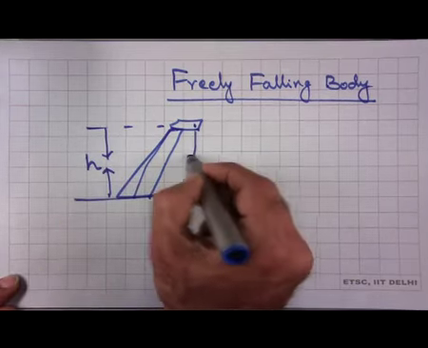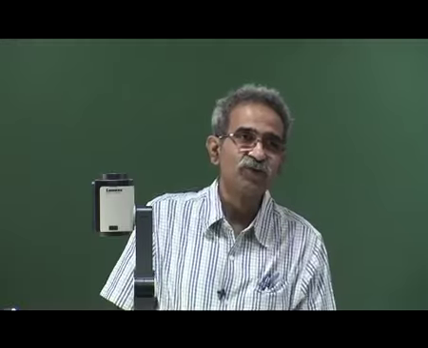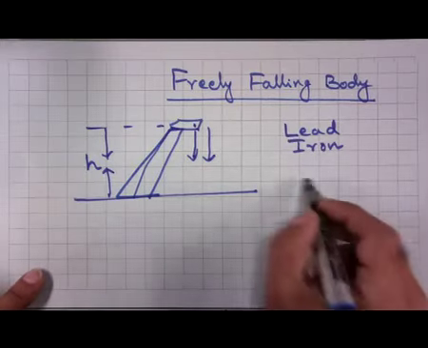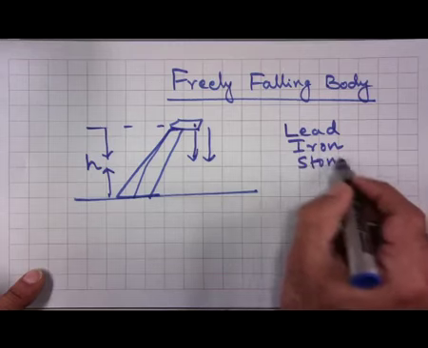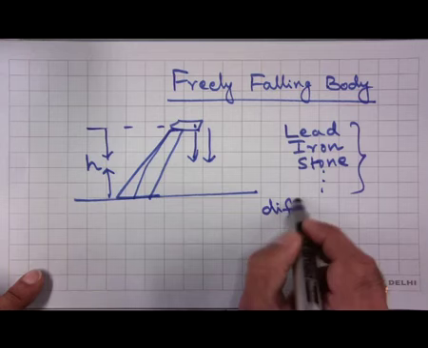So, he dropped objects. Of course, when you do an experiment like this, you should minimize the contribution coming from air's viscosity, etc. So, you have to take fairly heavy objects. So, let us assume that we take balls of lead, iron, heavy metals, stone, etc., of different masses.